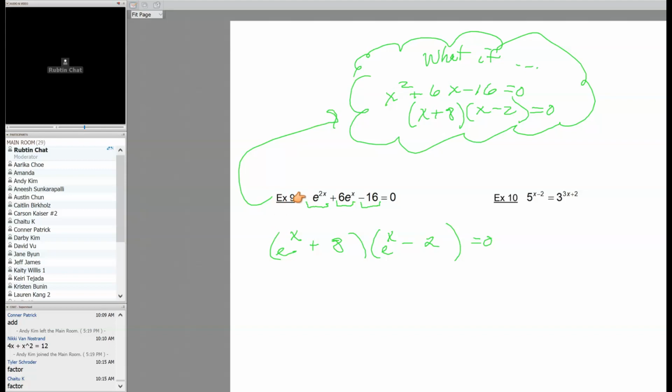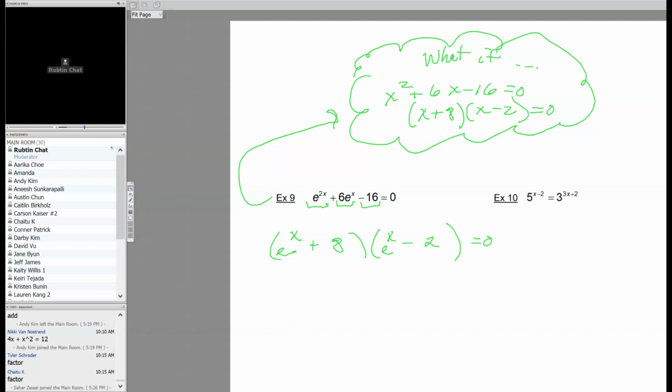We call that quadratic form because you have powers that are double in the beginning. So this power, just like up here, this power in the quadratic is double the x. So this has a power of 2, this has a power of 1. This has a power of 2, this has a power of 1. And then you would go ahead and solve it the same.